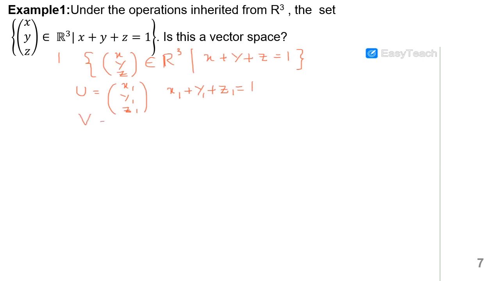Similarly, V is equal to x2, y2, z2 such that x2 plus y2 plus z2 is equal to 1. We will try to apply axiom number 1, which is vector addition.